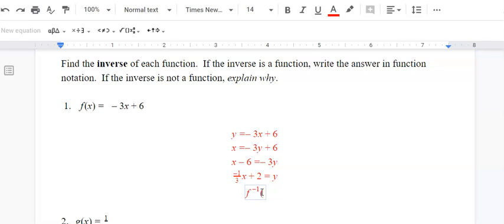Just hit the right arrow to work. All right, and then x in parentheses. So that's how you write your function notation. And then you put the rest of the equation. So I'm just going to copy this one and paste it right here. You can just type it over. And there we're done. So that's how you do the inverse of a function.